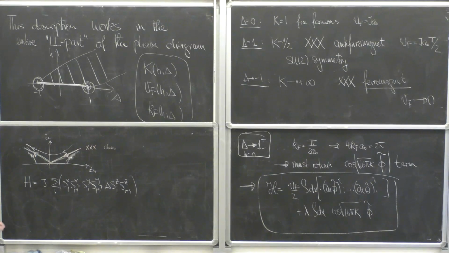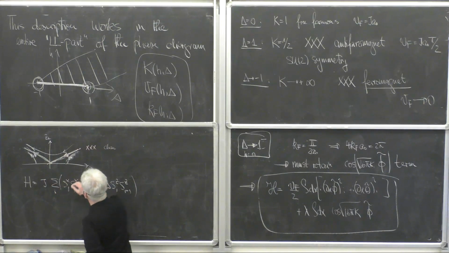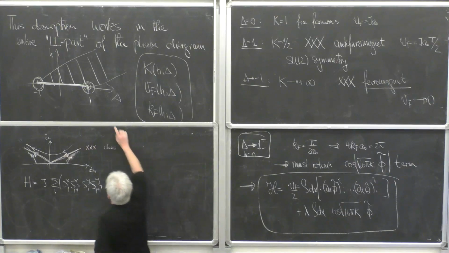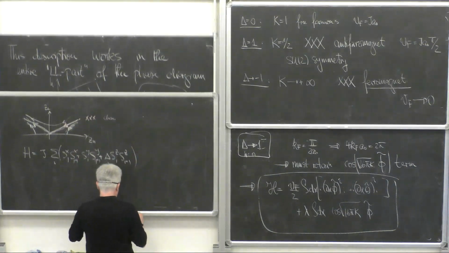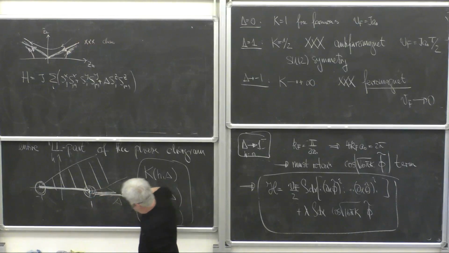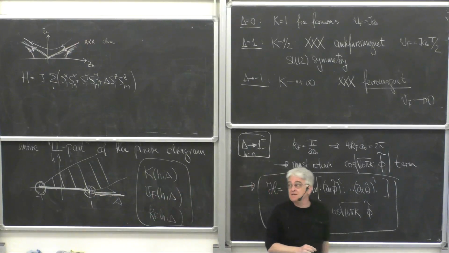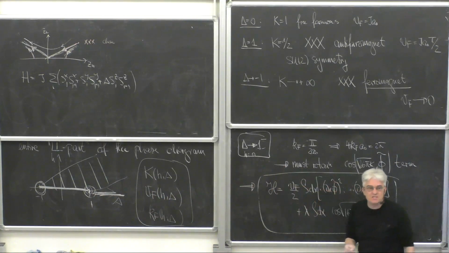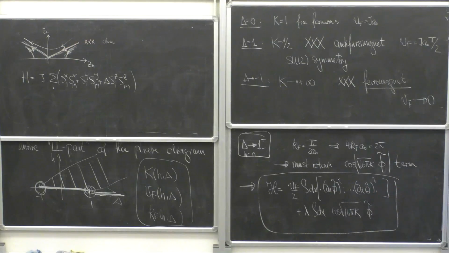So we can understand the physics in this regime by just considering the large delta limit. So what is the physics of the large delta limit? I just decided earlier I'm going to ask you more questions, so there you have one. It's an Ising antiferromagnet. So what does that do?